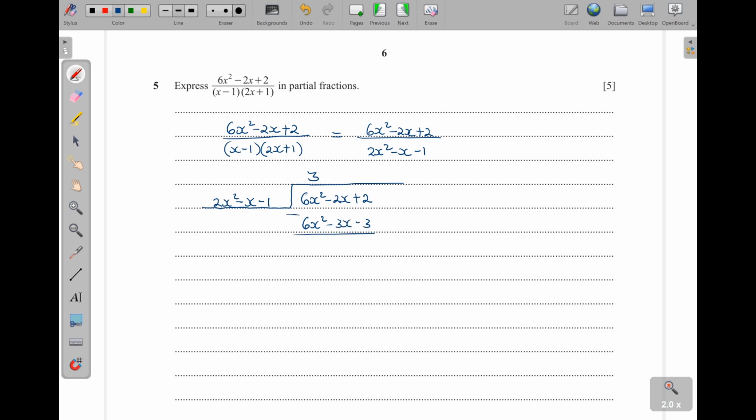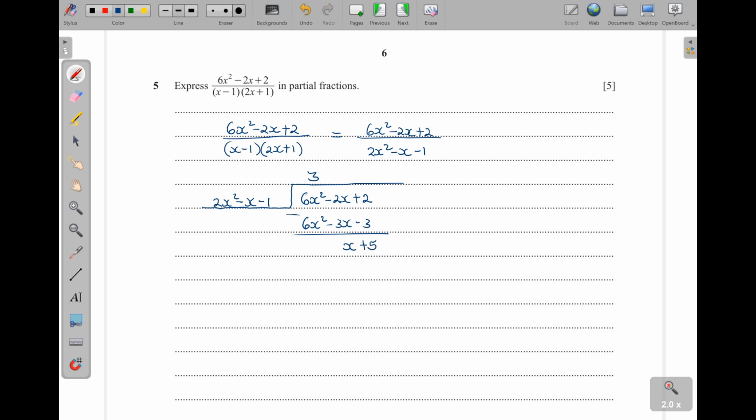Then when we subtract, automatically this one will disappear. Then negative 2x minus 3x. This one is going to be a plus. So we shall remain with x, because you have 3 minus 2. Then 2 minus 3, this one becomes a plus, and that gives us a 5. So plus 5 here.